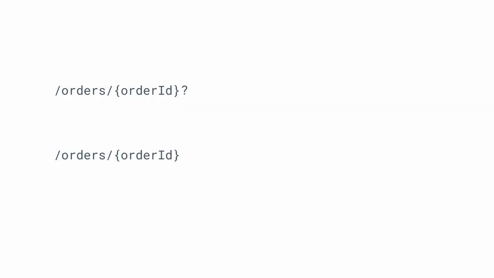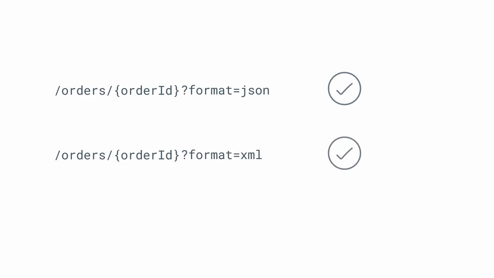To solve this problem, you should accept the expected data format as a query string parameter. So, if you want the output in a JSON format, you can add $format $JSON to the API endpoint. And for XML, you can use $format $XML at the end.